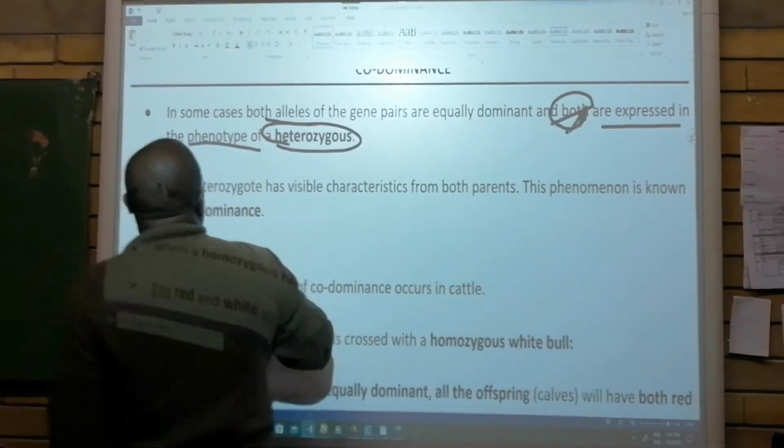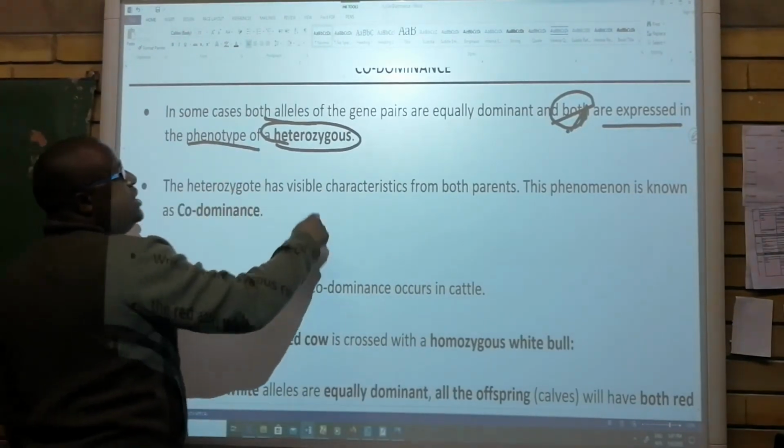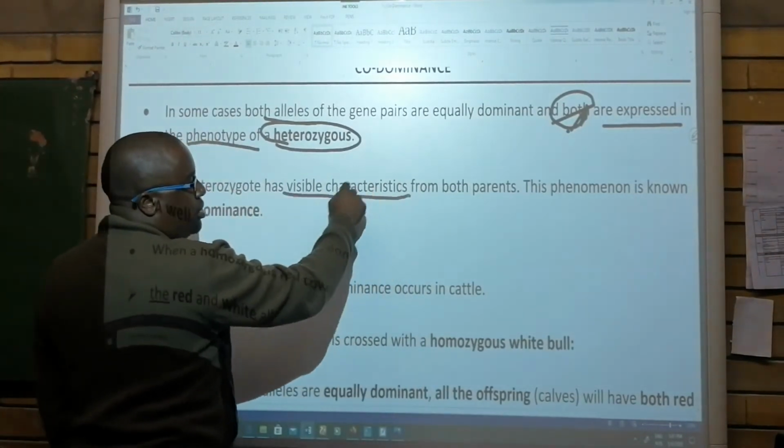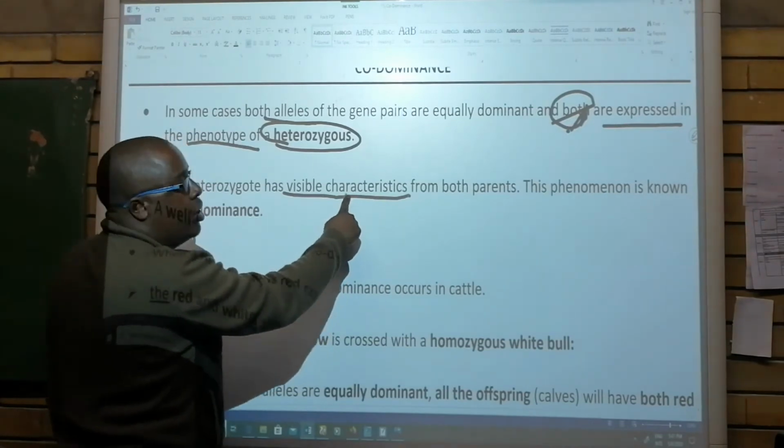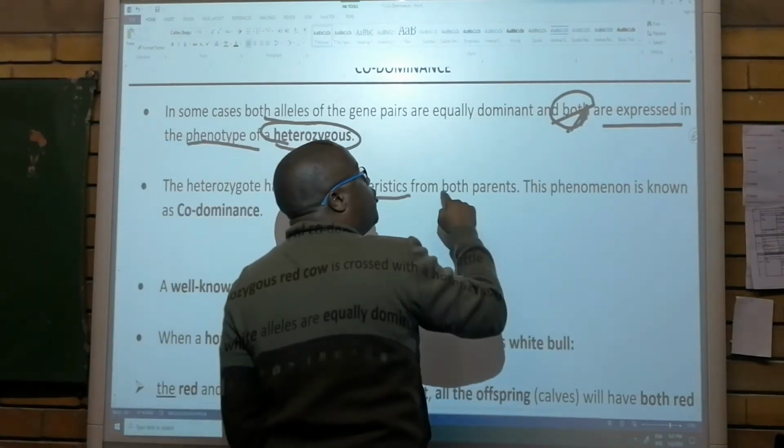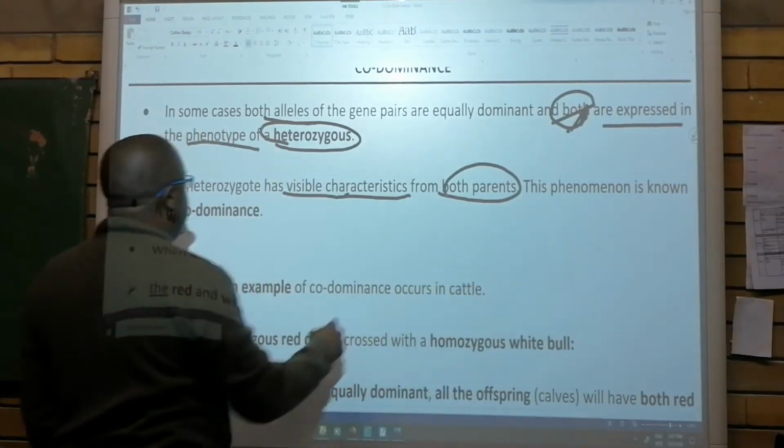So therefore, the heterozygous has visible characteristics in the phenotype from both parents.